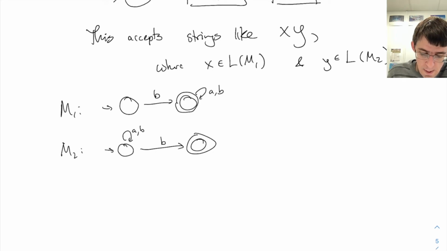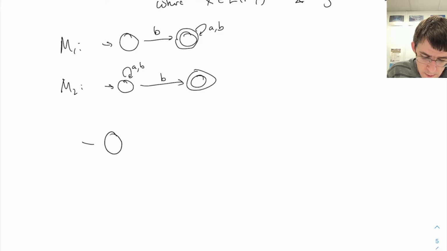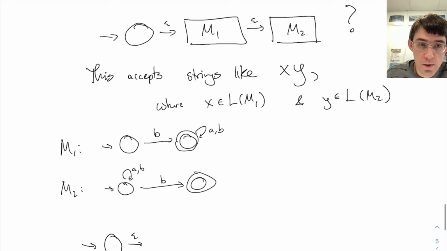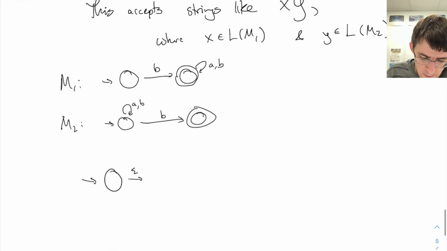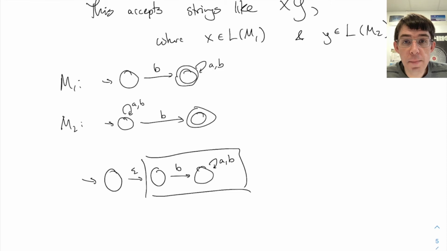The way I would build this machine is, I start with the entryway state, followed by an epsilon that ties into the starting state of M1. In my combined machine, I'm not making that an accepting state, because I'm not actually done yet.